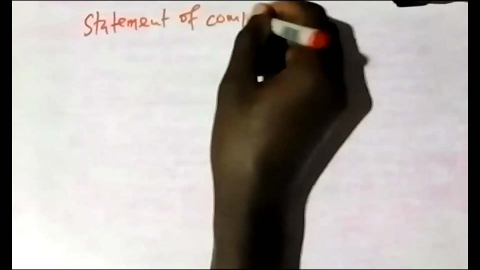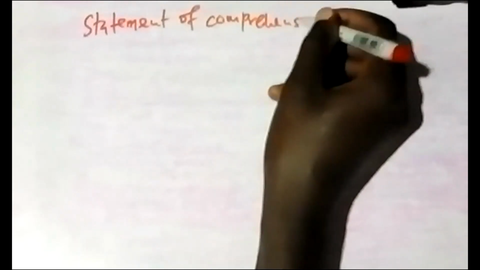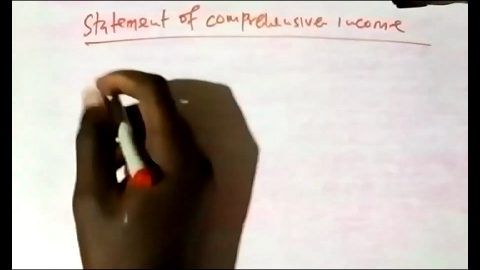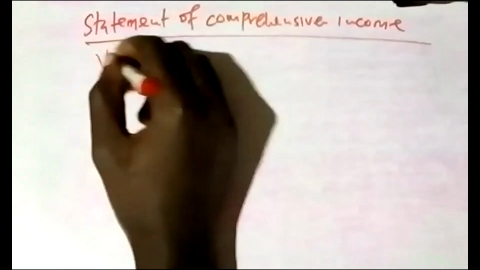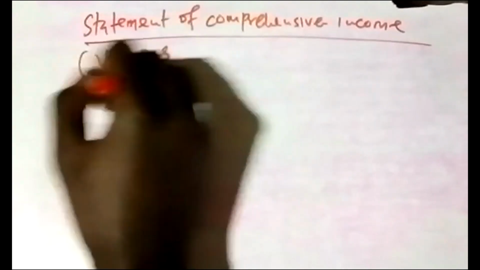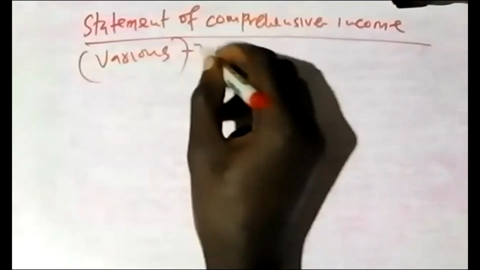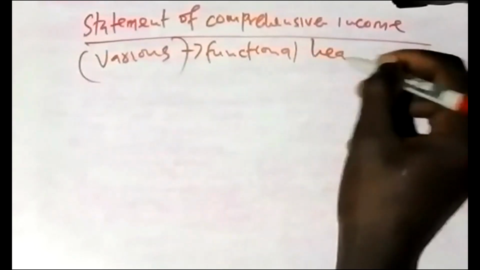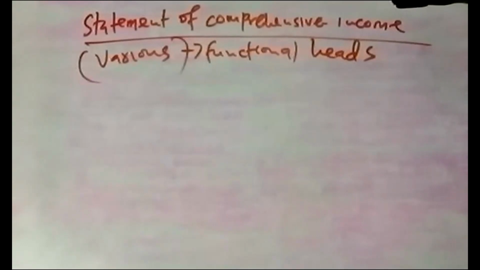Of which I said, when you are doing the statement of comprehensive income, the expenses are supposed to be classified under various functional heads. So which are these functional heads?